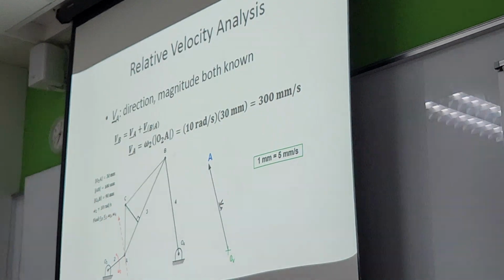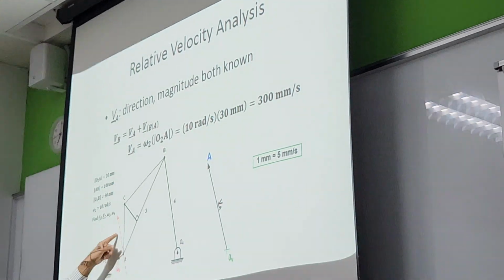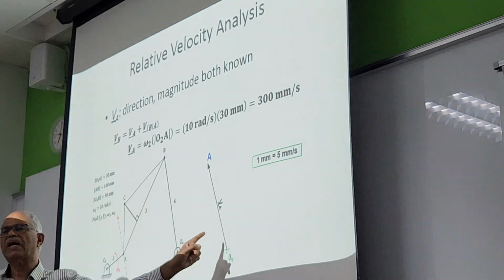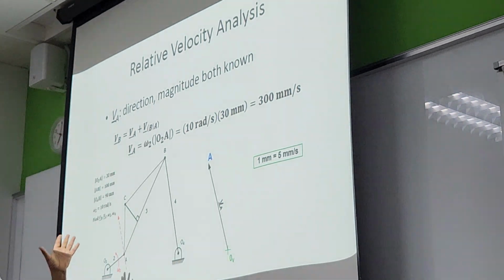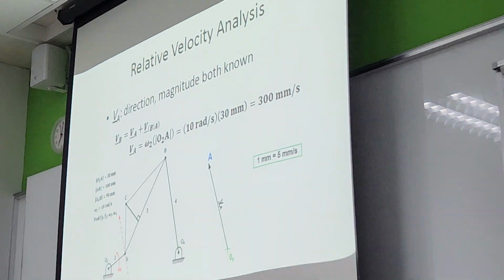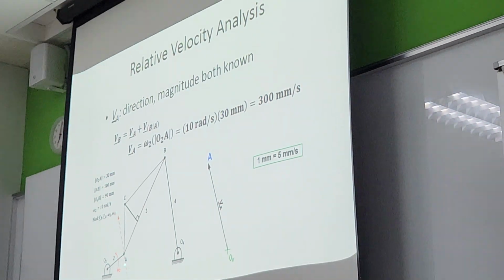Otherwise, you can measure this angle, put the same angle, and draw the magnitude 300 mm based on your scale. So you can use whichever way you want to draw the velocity polygons. So now you can see the same velocity vector, the direction is maintained, the magnitude is now 300 mm per second.